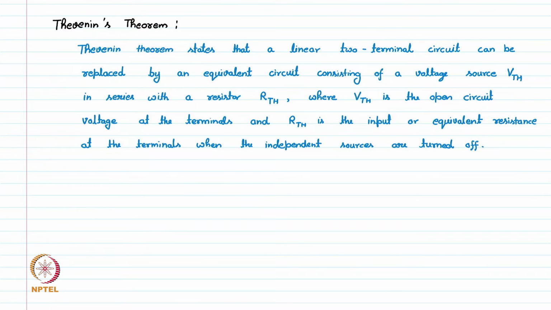So, in Thevenin theorem, we have a linear two terminal circuit, we have two terminals and we want to solve this circuit using Thevenin theorem. In these two terminals we calculate the open circuit voltage, replacing the other part of the circuit. Let us say we have a load where we want to calculate the Thevenin voltage and resistance. We replace the load by open circuit, find out the open circuit voltage, that is the VTH or the Thevenin voltage source. This voltage source is in series with RTH.